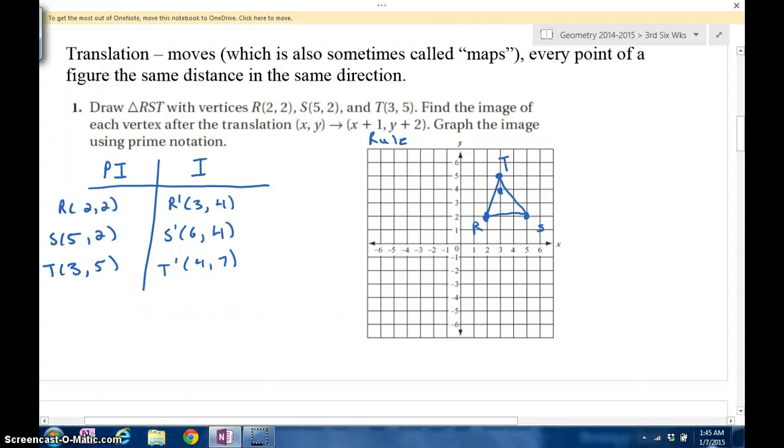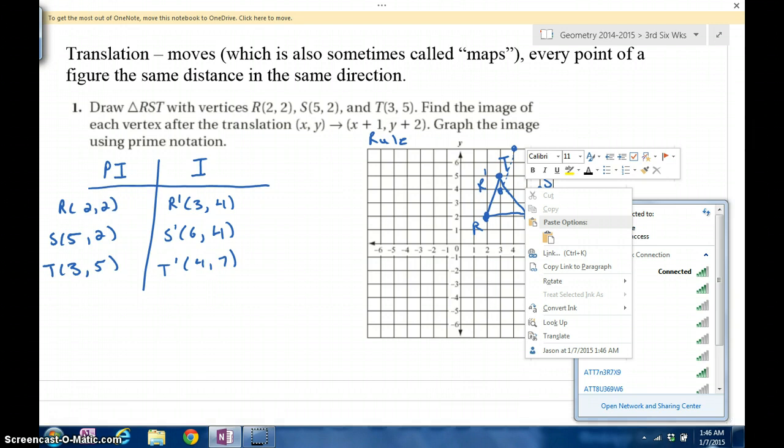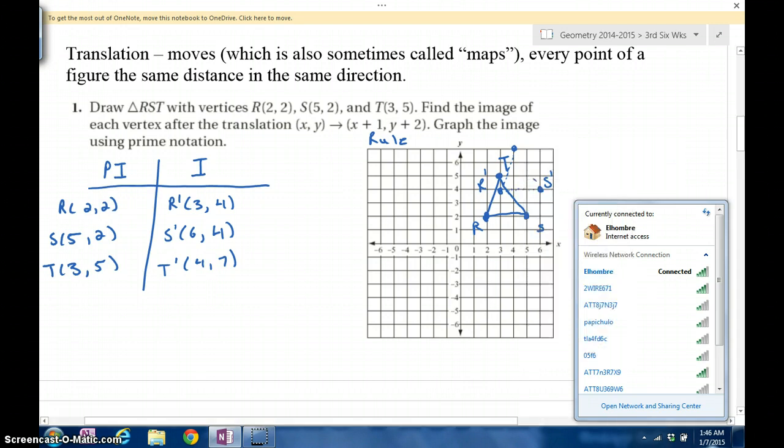Right there. That's my R prime. S prime is (6, 4). And then T prime is (4, 7). I'll go ahead and dot it because this is the image or the new figure, and that is T prime.